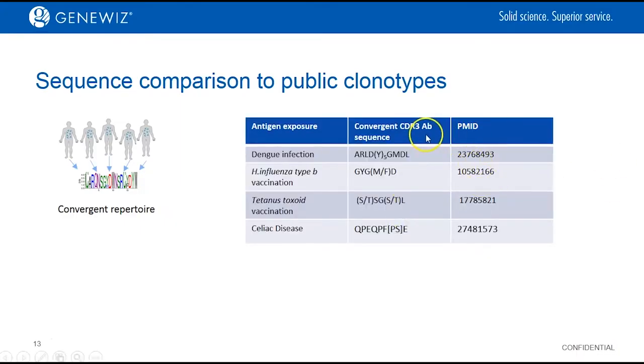Convergent CDR3 antibody sequences are observed in the patients with dengue infection, after Haemophilus influenzae and tetanus toxoid vaccination, and in patients with celiac disease. However, the convergent repertoires have been found only in a limited number of diseases.